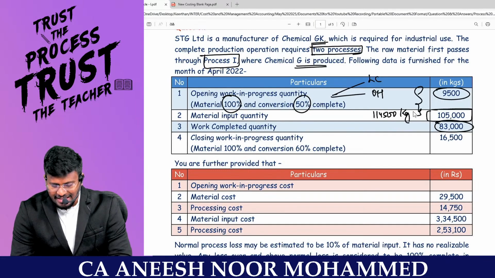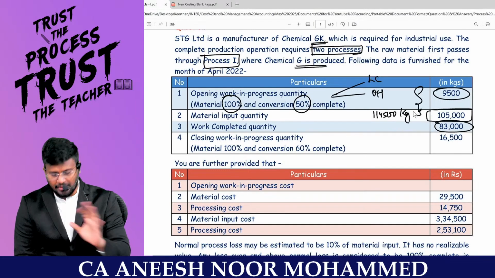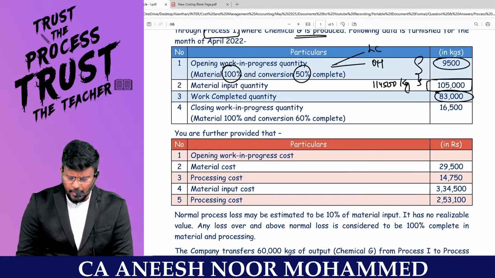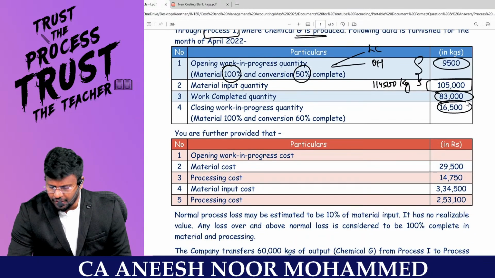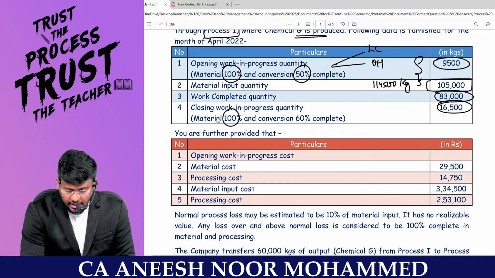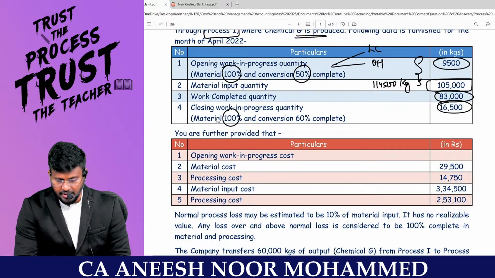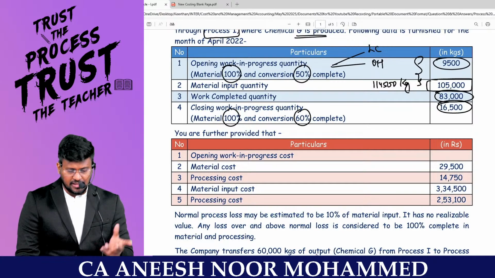Out of that, 83,000 kg was completed, and closing WIP quantity is 16,500 kg. For that, 100% material component is completed and conversion 60%.